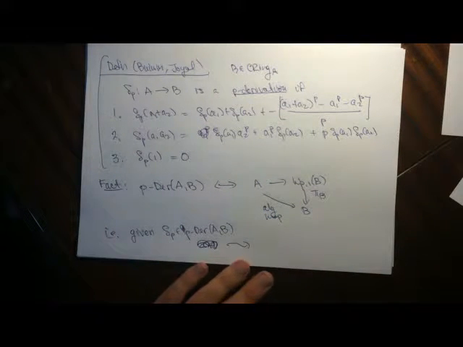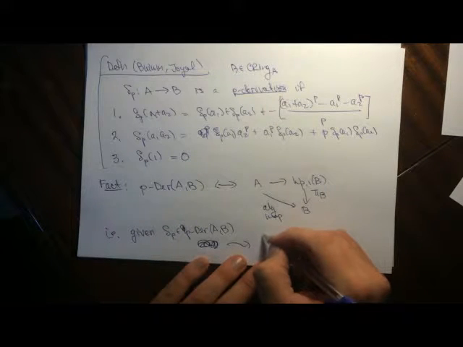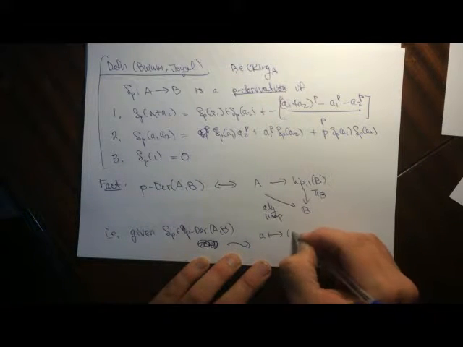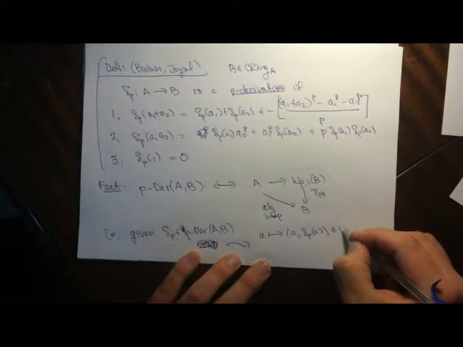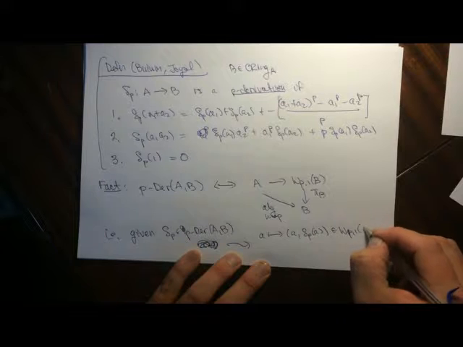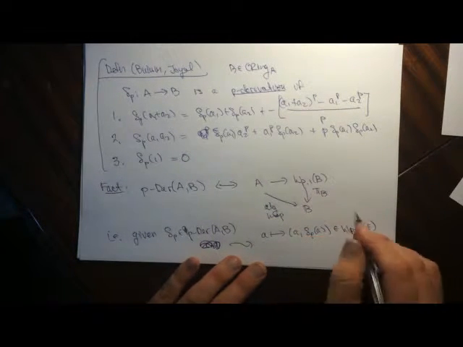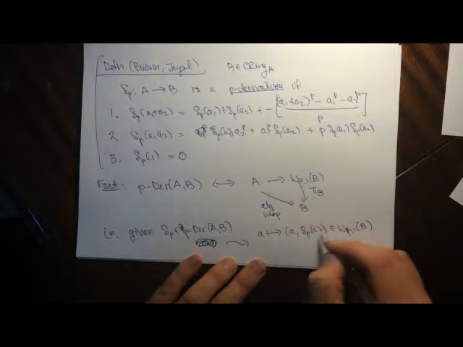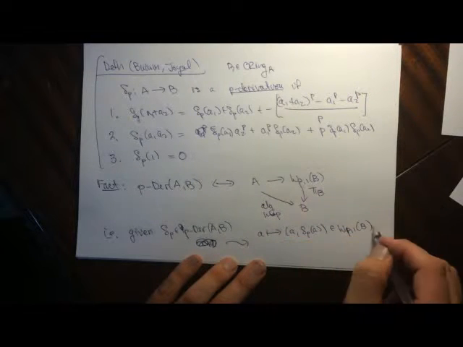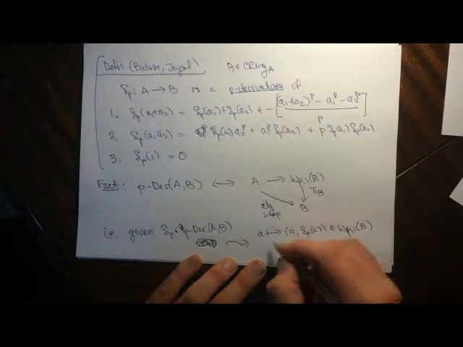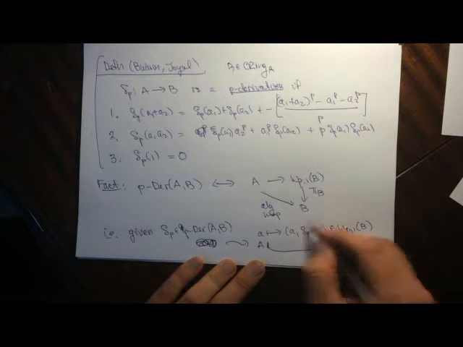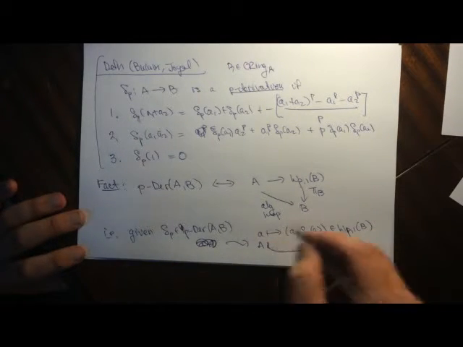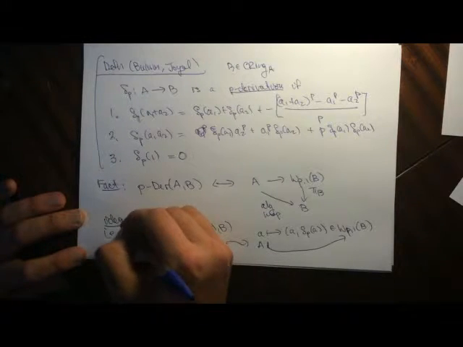We can construct a ring homomorphism that takes a and maps it to (a, delta p of a), and this is in the truncated Witt vectors of B, and this uses the algebra map. So this gives a ring homomorphism from A to W_2 of B. Okay, so this is kind of the correspondence. This is the idea here.